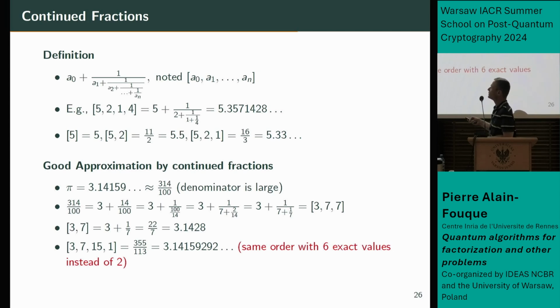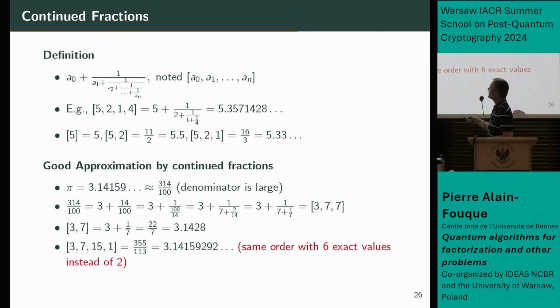So you have the value pi here. You can always approximate it using only the first 2 digits. So it will give you 14 divided by 100. And so the denominator here, you can see, is fairly large. Okay, but I can in fact approximate this value using a much shorter value.